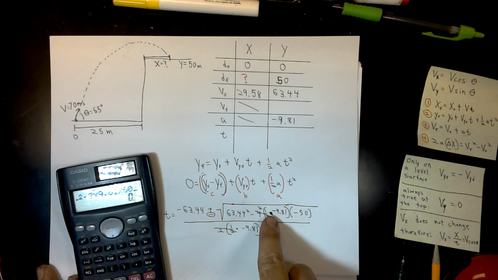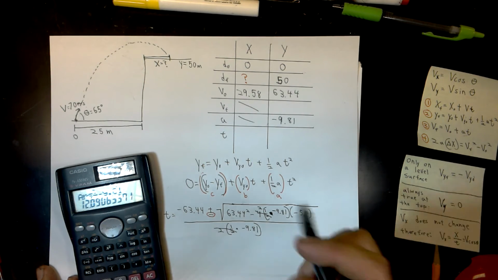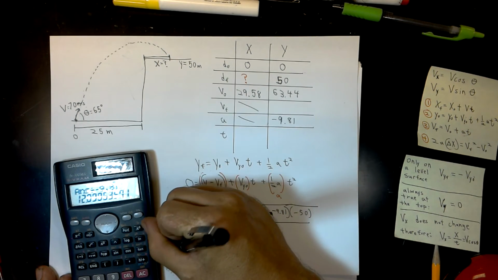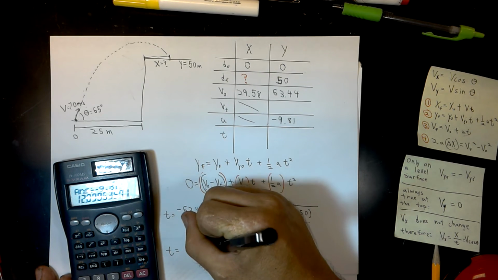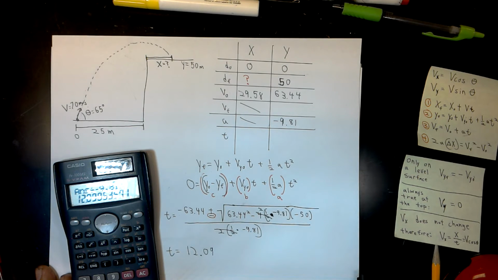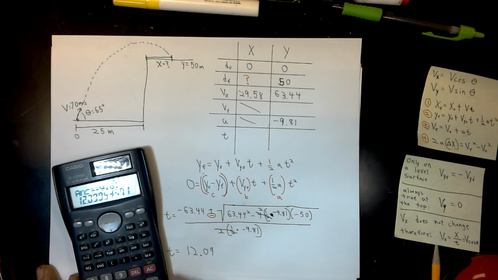I just simply said that negative and that negative go away, so I'm not worrying about them. Enter. And then I'm going to get an answer for this top row. Ooh, a negative number. That's awesome. Now divide that by negative 9.81. There's a positive number right there. t equals 12.09 seconds.